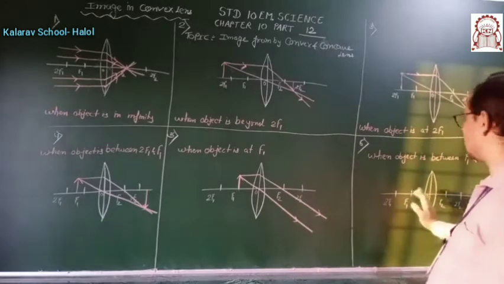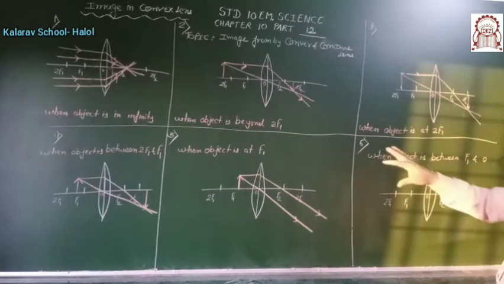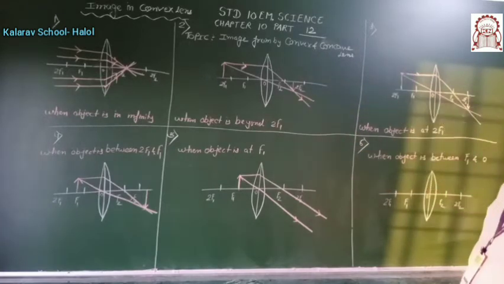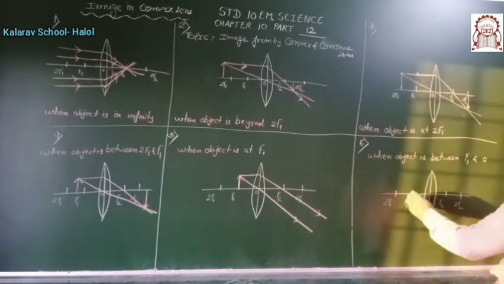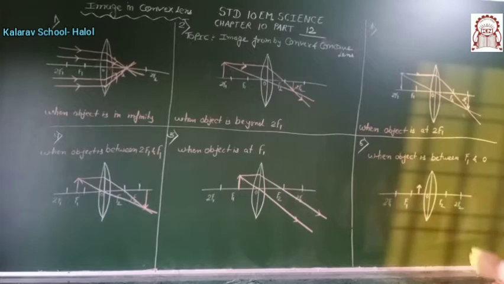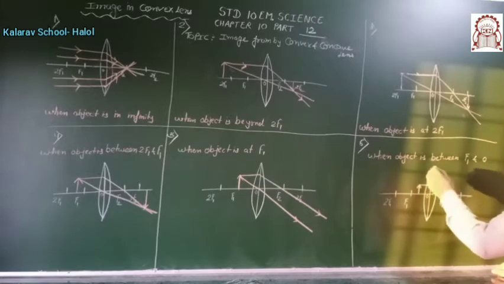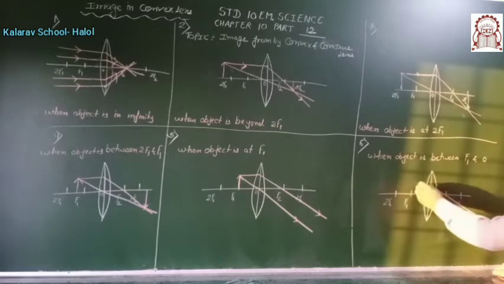Now see this last situation, which is most important, because it is a little different from all these five. If the object is between F and O, means between F1 and the optical center, in that condition the ray will pass parallel and then to the focus, and the second will pass through the optical center.